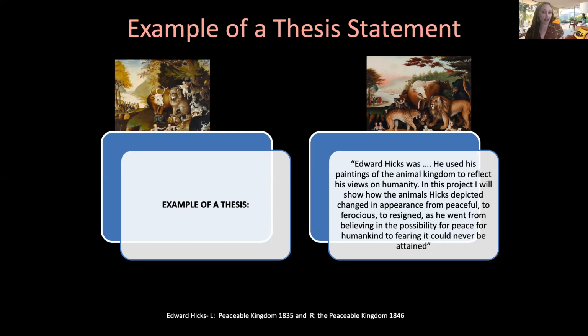In this project, I will show, and that's a big key, how the animals Hicks represented changed in appearance from peaceful to ferocious to resigned, as he went from believing in the possibility of peace for humankind to fearing it could never be attained.